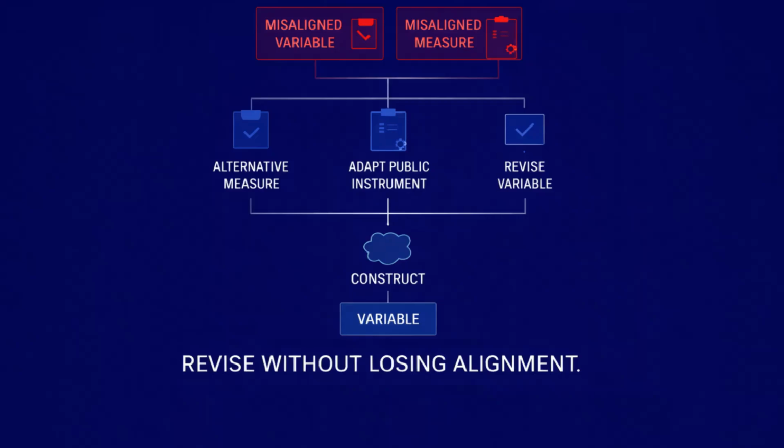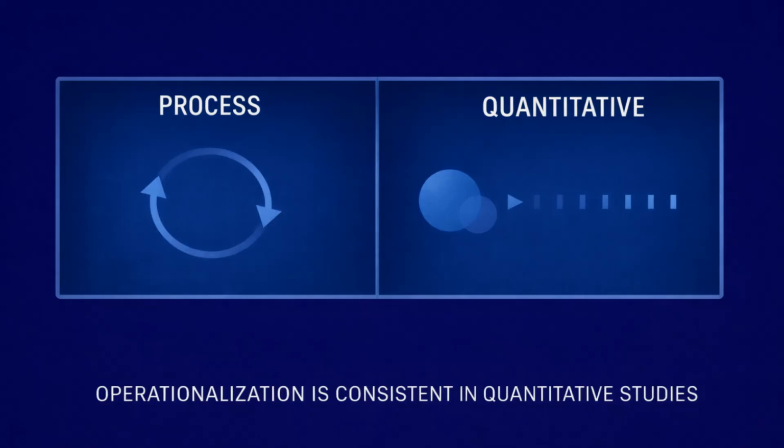When that happens, the solution is not to assume the problem will resolve itself later. The solution is to select an alternative measure, adapt a public instrument, or revise the variable while keeping construct alignment intact. This process looks different across research approaches, but it never disappears. In quantitative studies, variables are operationalized in advance and measured consistently.